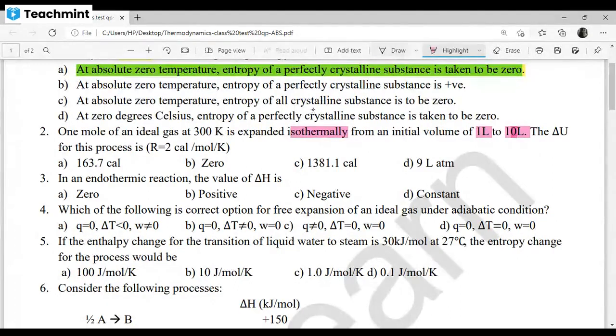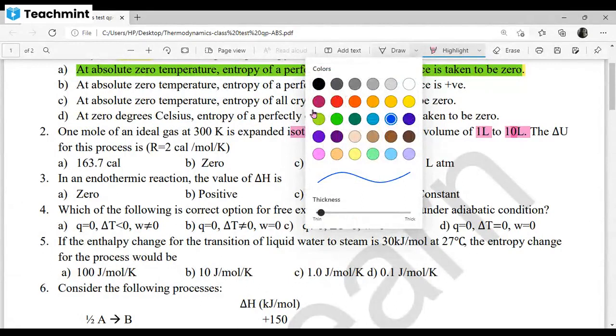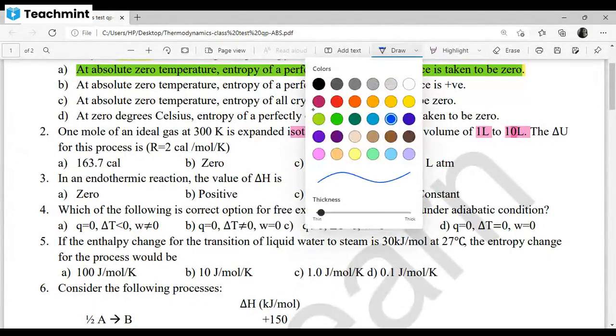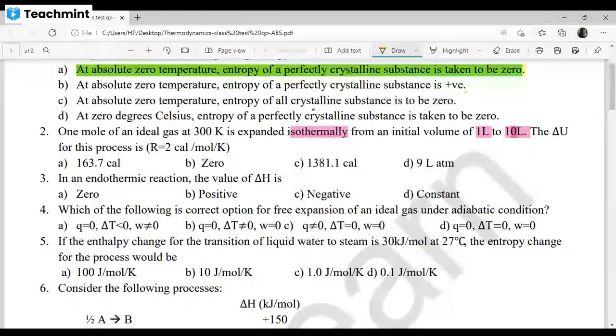Delta U for the process is. So you are asked to calculate delta U. Let us calculate now. Remember that we have one more formula to calculate delta U. Delta U is equal to Q plus W. But here volume is given. So since volume is given, you can even calculate delta V, then substitute in work and then calculate.